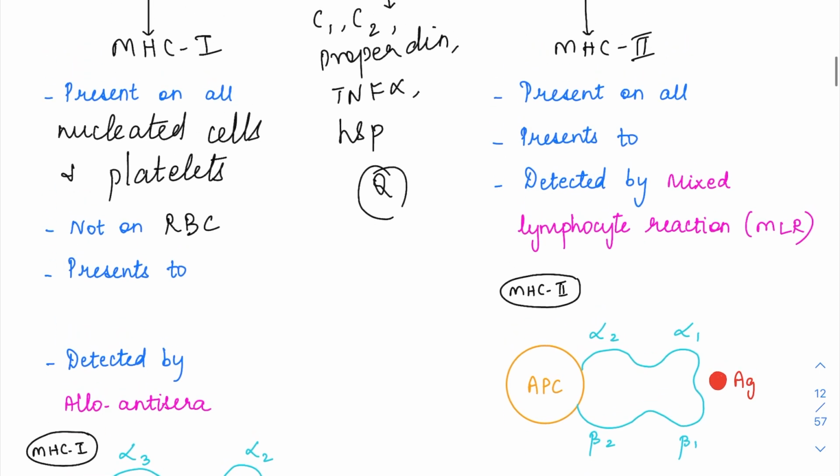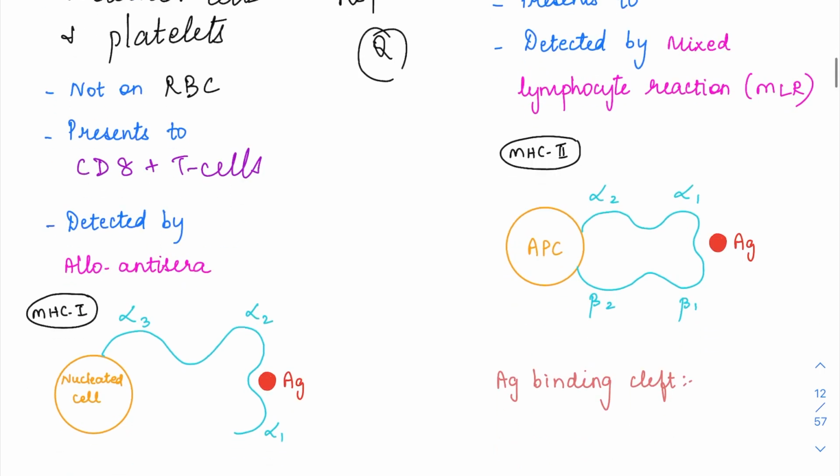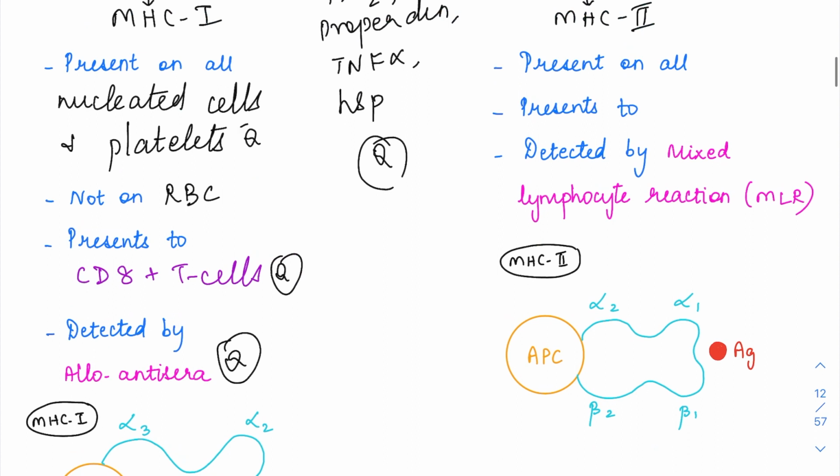With the help of MHC1, the antigen is presented to the CD8 positive T cells, right? To detect MHC1, you can use allo antisera. All of these have been asked as questions. So allo antisera is the method by which we detect MHC1.